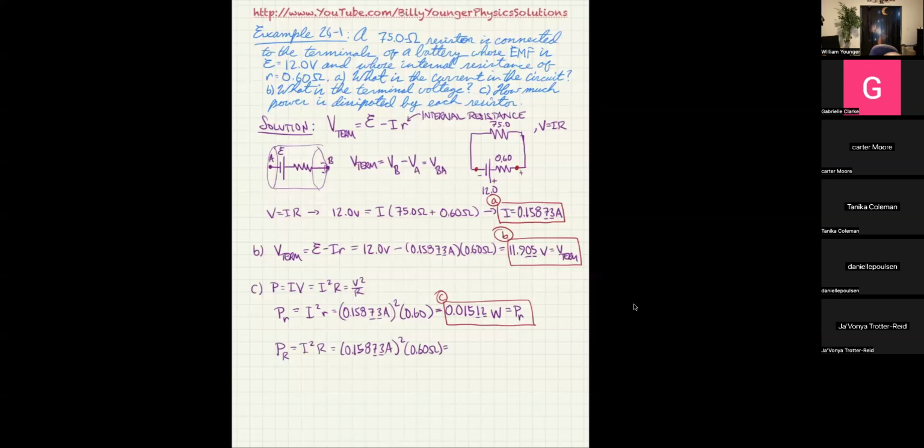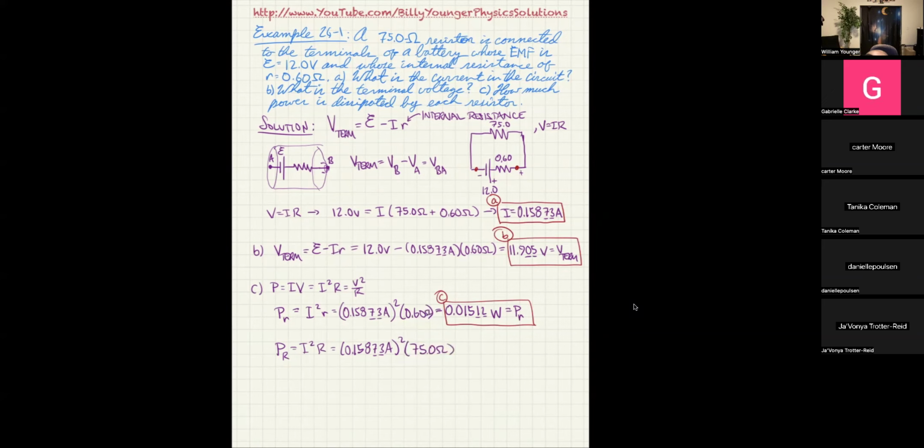Don't know why I left the units off last time, but 0.15873 squared times oops, I said 0.6. What goober I am. Hopefully y'all caught that. We're now supposed to be doing the 75.0 ohm resistor, and that ohm was supposed to be in there.